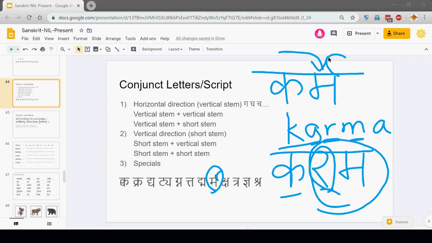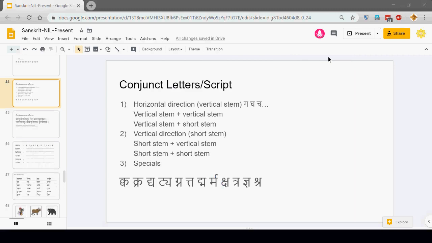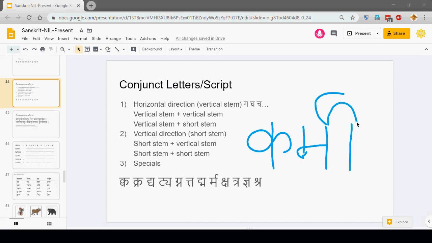Now after that, any other vowel can also come. For example, how do we write karmi, with a long E? First we write this karma and then the vowel. It is written like this, karmi.